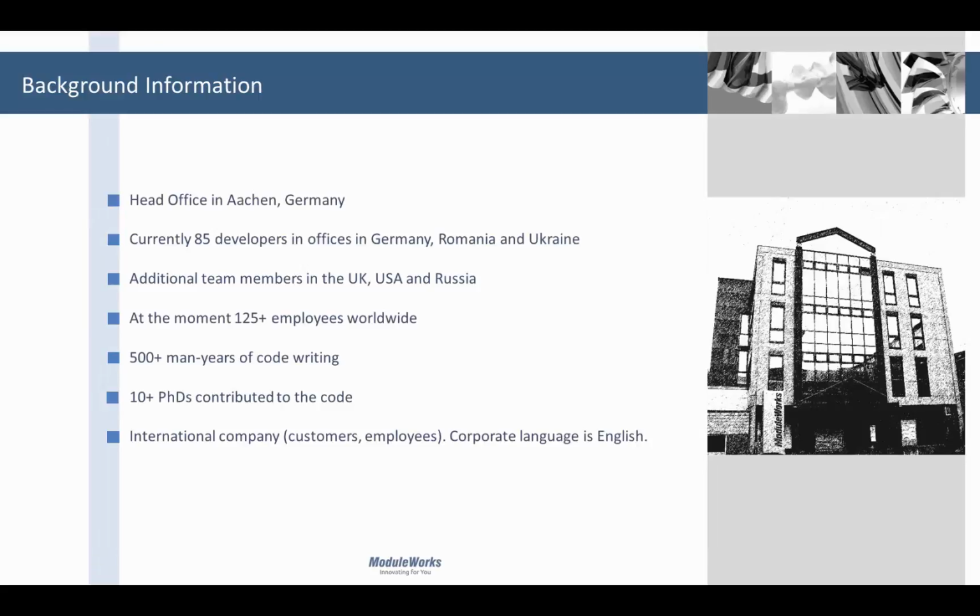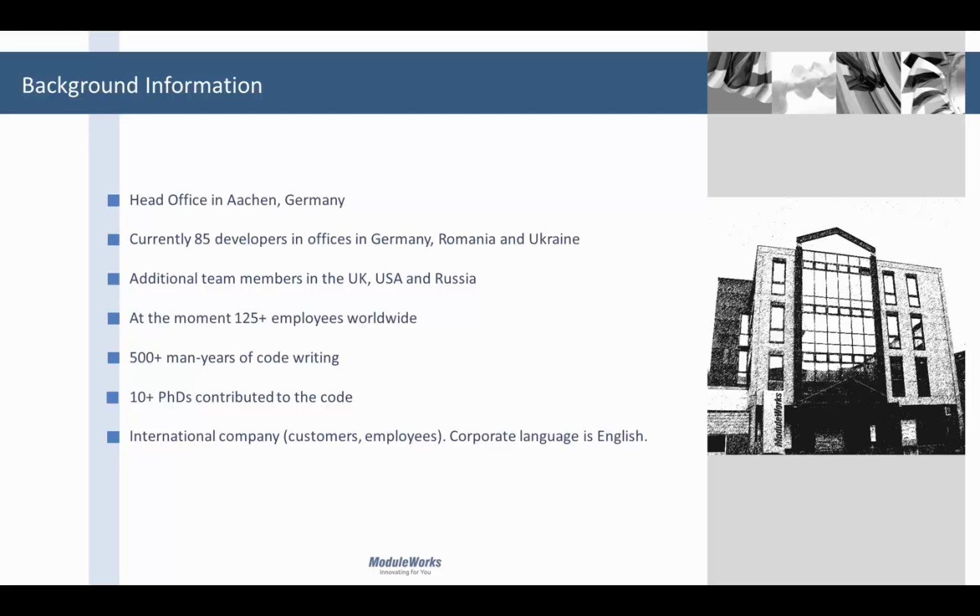In this slide, I'll give you some background information about us. ModuleWorks' head office is in Aachen, in Germany. Aachen is the furthest western city of Germany, right on the border of the Netherlands and of Belgium, what we call the heart of Europe. We currently have 85 developers working for us in our headquarters in Germany and also in our development centers in Romania and in Ukraine.